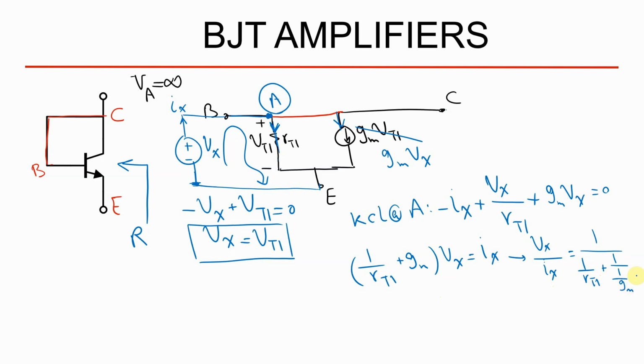By using some common denominators, I'm going to make it the final answer. And this is what you can see: r pi is in parallel with 1 divided by gm. You can calculate it in your own notebooks, and if you have questions, let me know in the comment section. And this is the final answer.